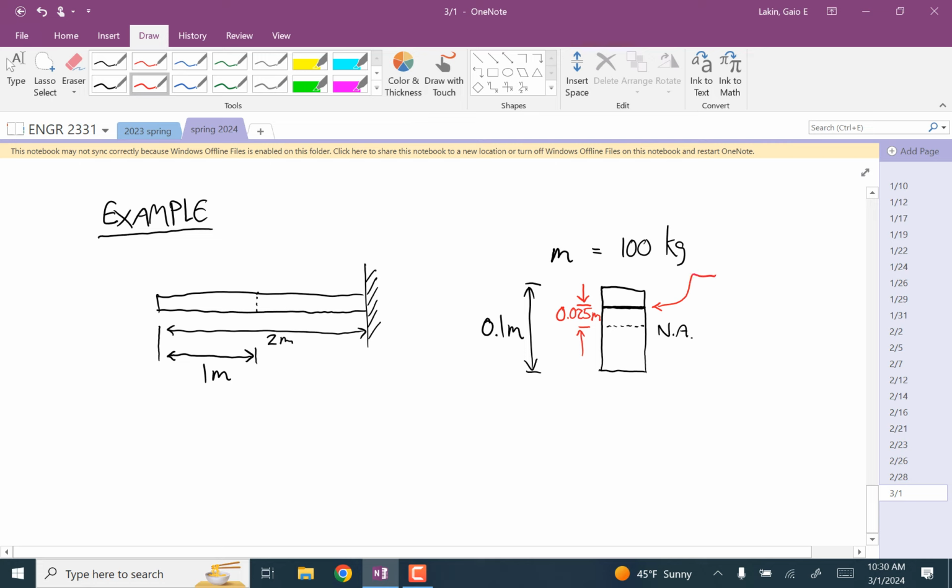So we're going to calculate our stress tensor here. Same with this: we're going to calculate the stress tensor at the middle along the long axis, and half of the way up from the neutral axis to the top.